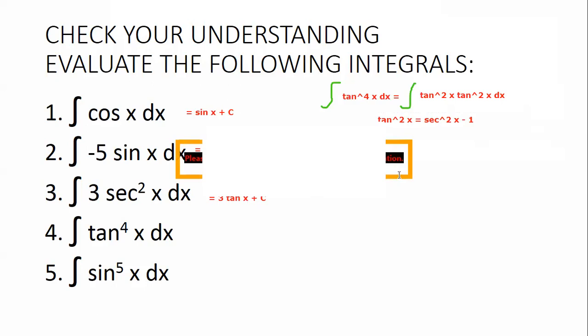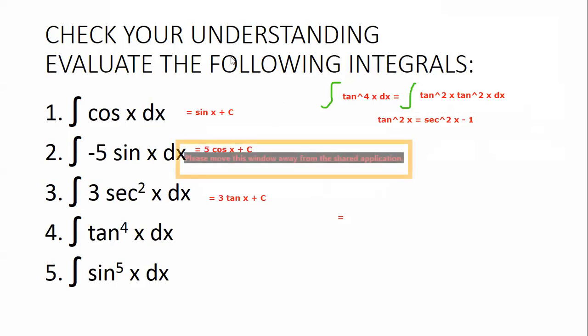Okay, so let's go back to our exam problem. So this will be the integral of secant squared x times secant squared x minus 1, of course, for the tangent squared.